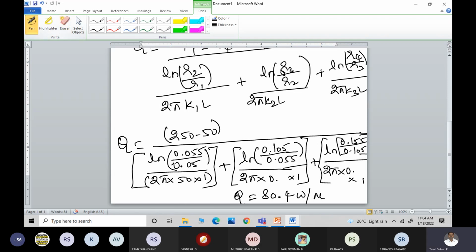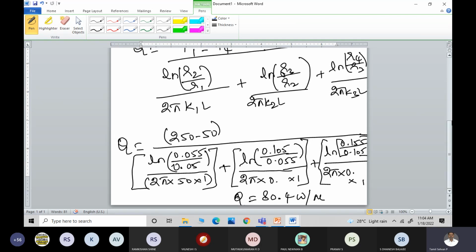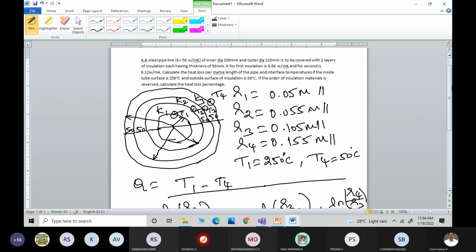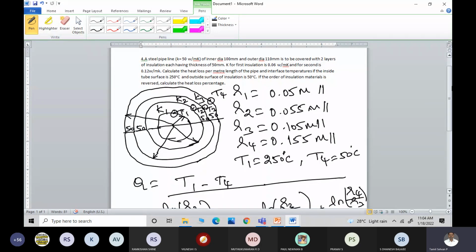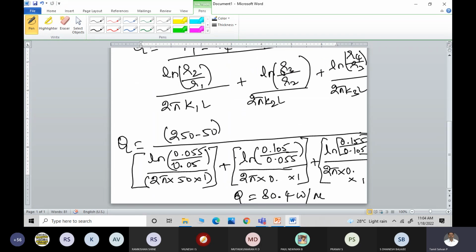Students, in the second case, K2 and K3 interchange. So 0.06 comes outer and 0.12 goes inner. Is it correct?